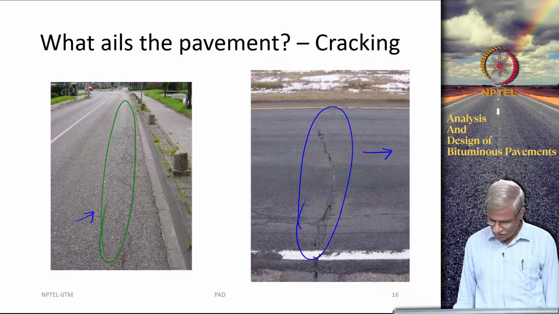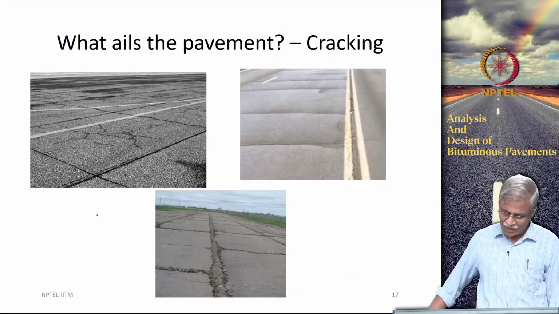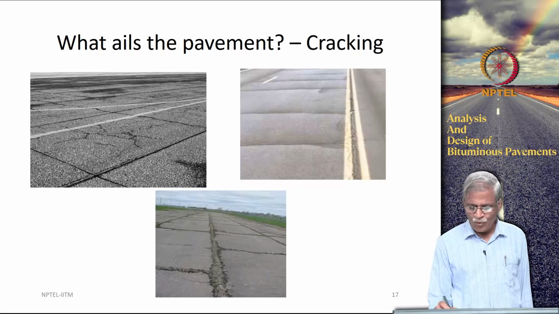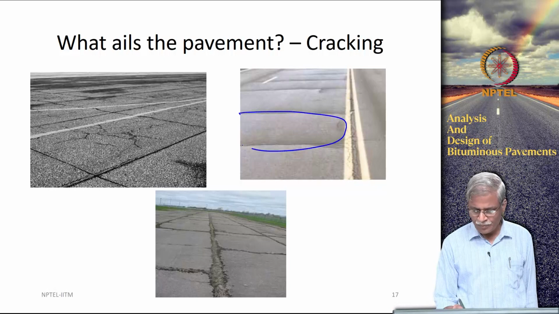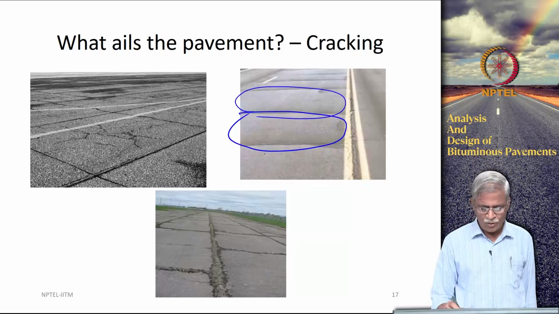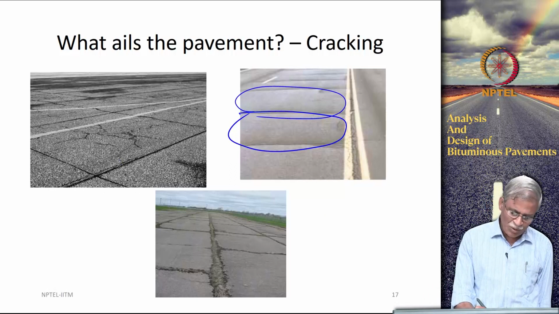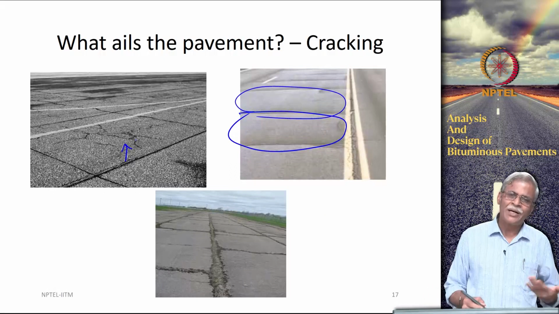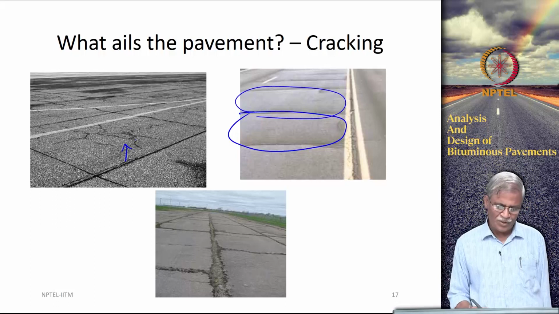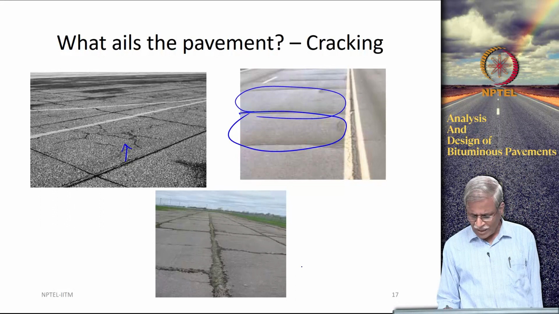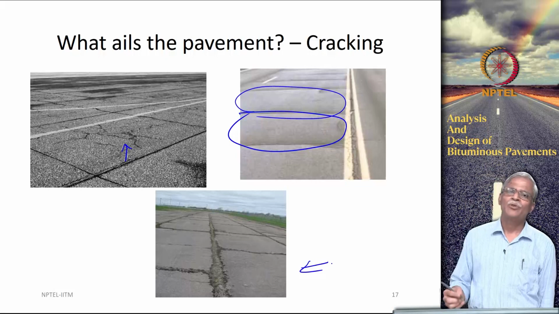This is the kind of cracking that can happen. There are many types of cracking, most of which form cracks like a block. This could be due to low temperature cracking. There could be some cracks that emanate from the bottom and come to the surface, something called reflection cracking, and you can have many types of cracking.